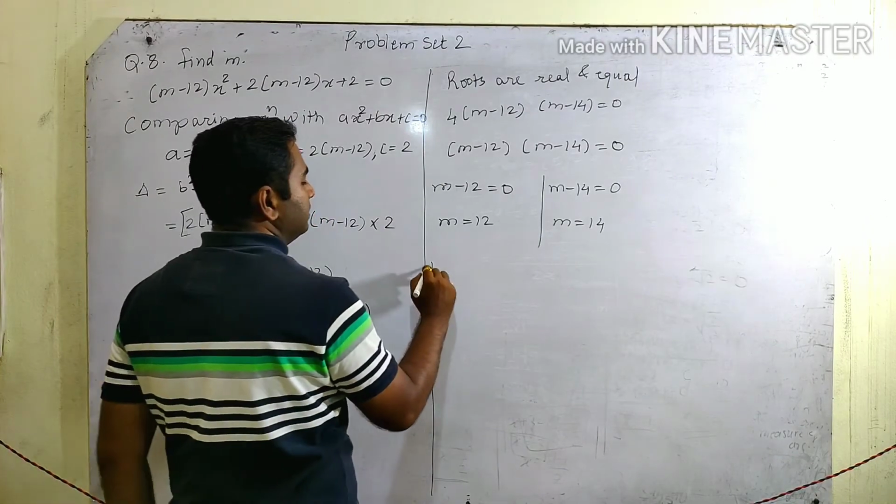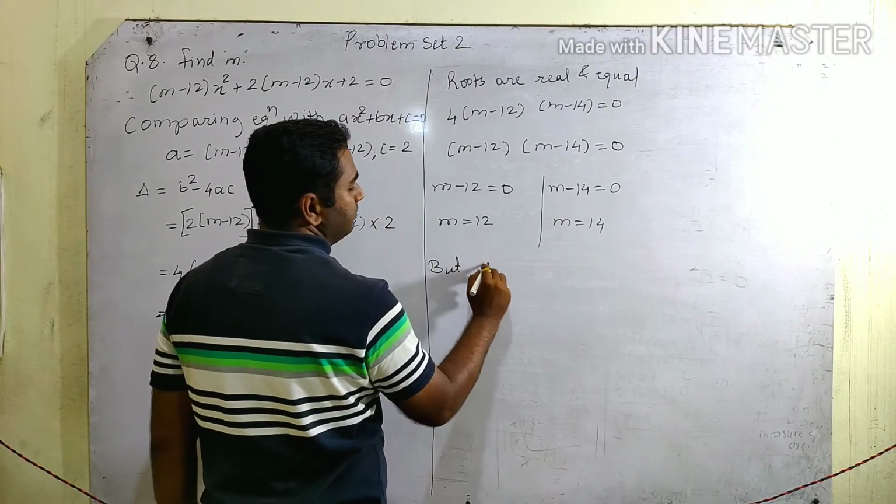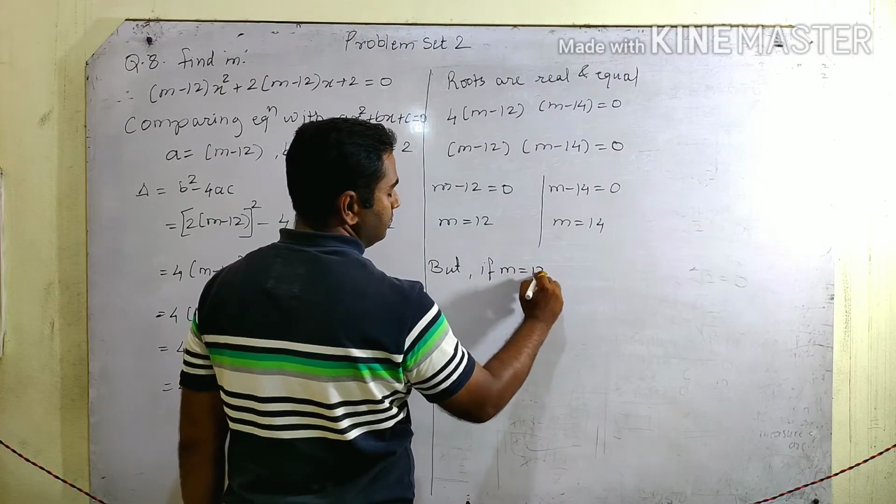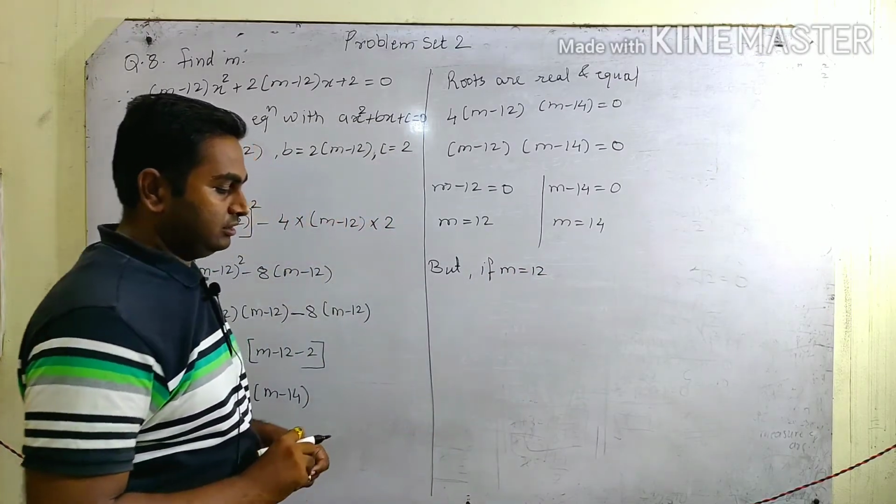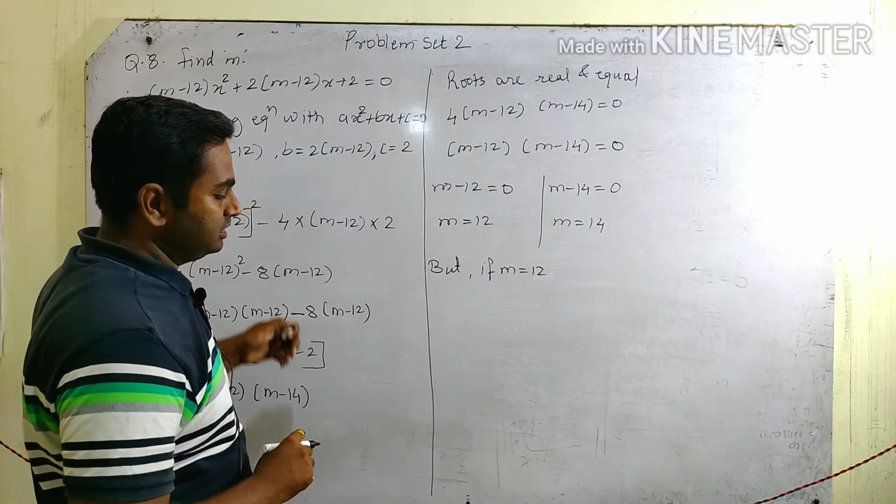But if m is equal to 12, then the quadratic coefficient becomes 0.